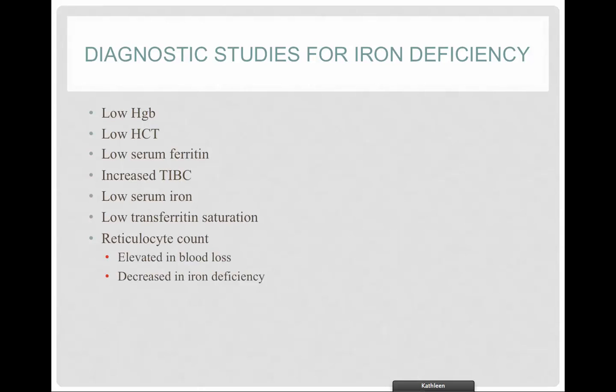Total iron binding capacity is 262 to 474. Transferrin, again iron transport, is 204 to 360, and these are normal ranges. And ferritin for a male is 18 to 250, and for a female, 12 to 160. And again, ferritin is iron storage.